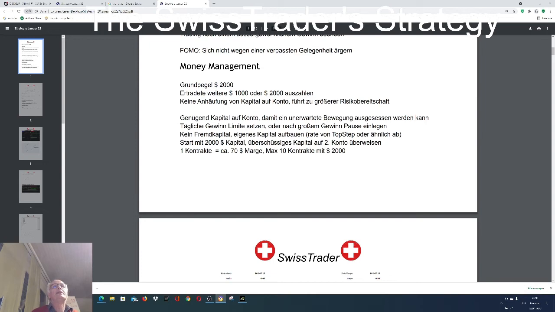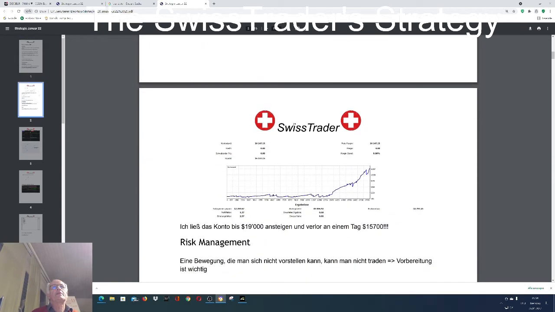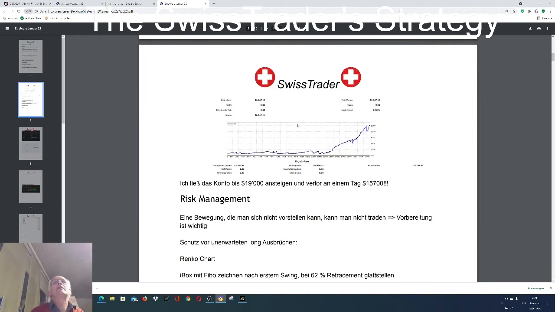And yes, my equity curve looked like this before the 19th of July. Afterwards it went back, boom, and now it's coming back.